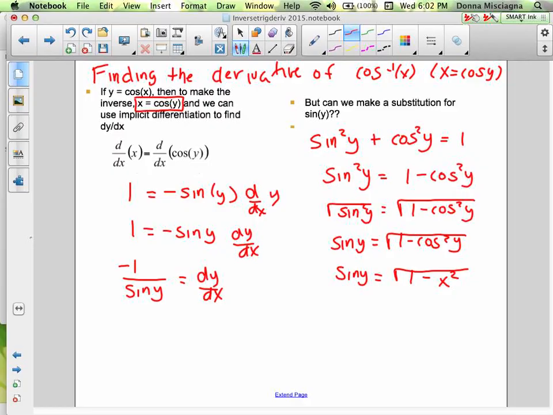And now all we have to do is replace the sine y with the square root of 1 minus x squared. So now dy dx is equal to negative 1 divided by the square root of 1 minus x squared.